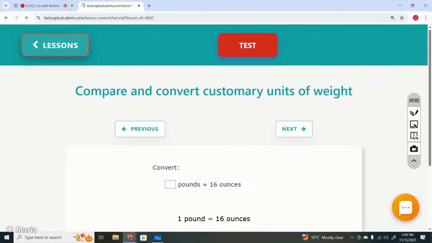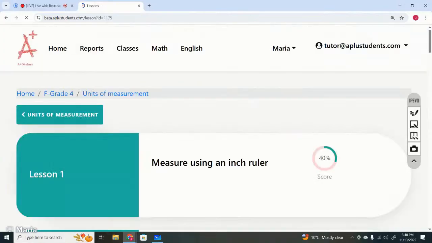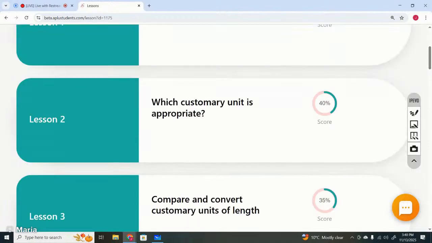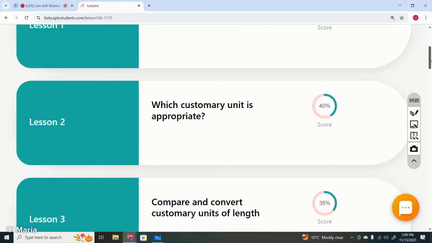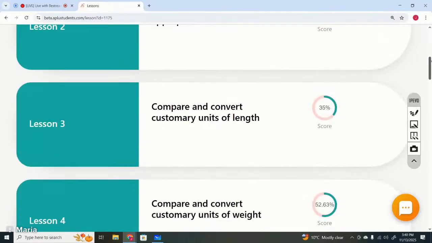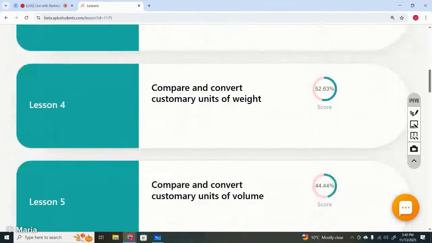So we were working on grade 4 math. The chapter we were working on is units of measurement, and the lessons we have covered today are measure using an inch ruler, which customary unit is appropriate, compare and convert customary units of length, and then compare and convert customary units of weight.